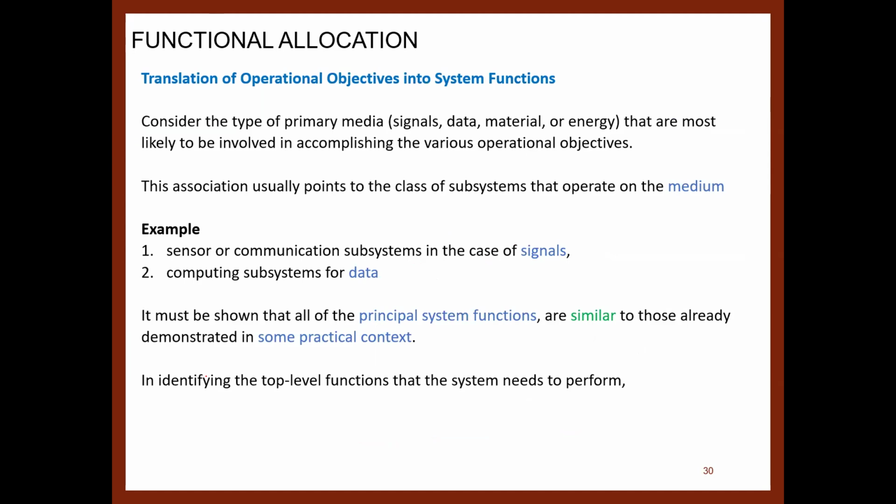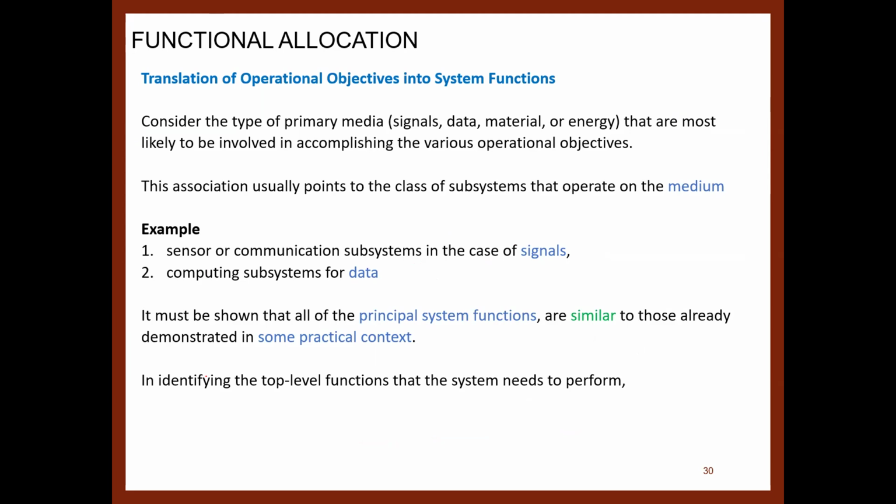So how do we transition from the operational objectives? Remember, those are our first goals, into system functions. Consider the type of media, signal, data, material, or energy, that are most likely to be involved in accomplishing the various operational objectives. This association usually points to the class of subsystem that operates on the media.